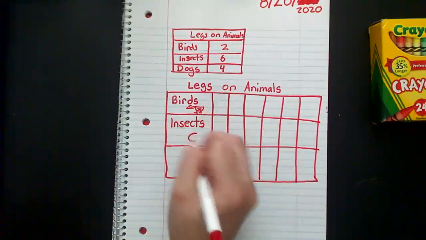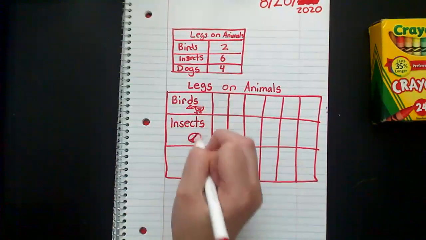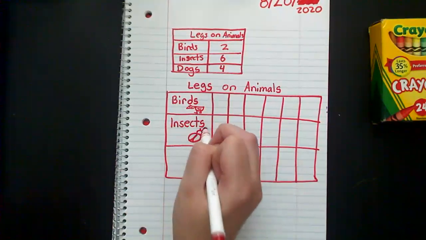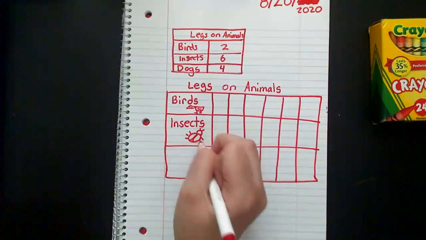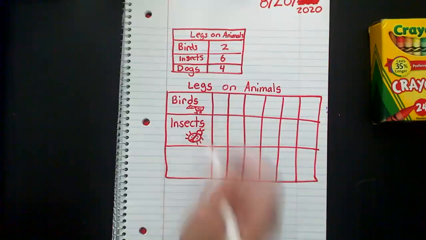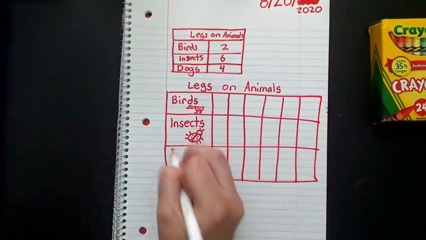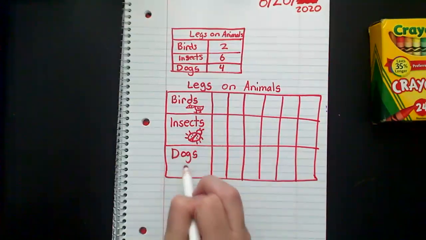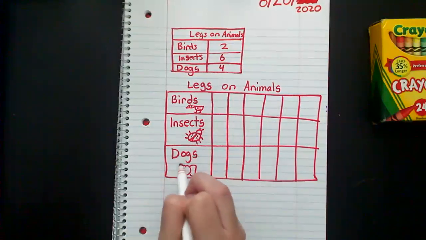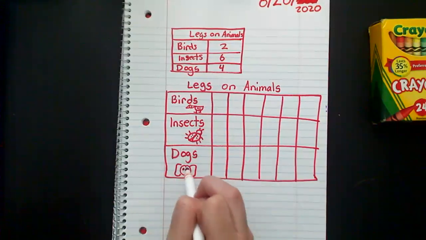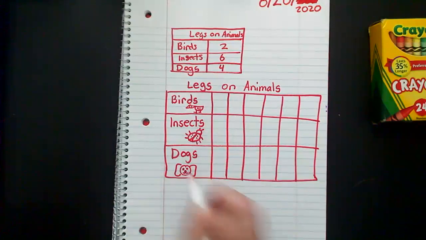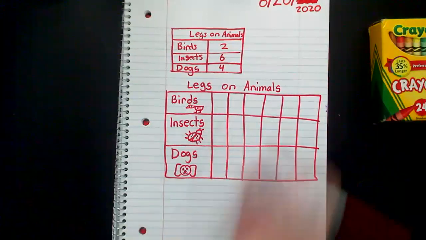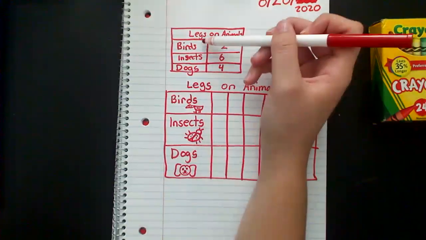And I'm going to draw a little bug here. Okay, and then dogs. And for dogs, I'm just going to draw a little puppy. Like that. Okay, so we have birds, insects, and dogs, and that's the same animals that we have in our table here.